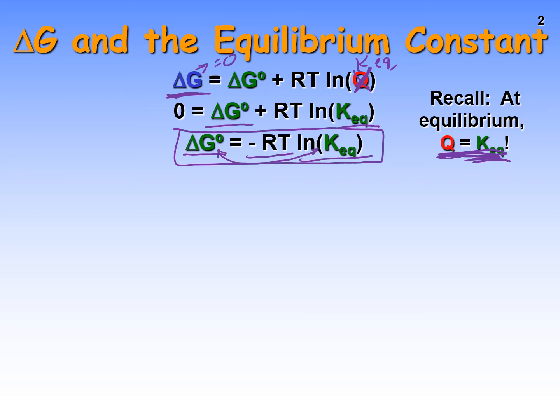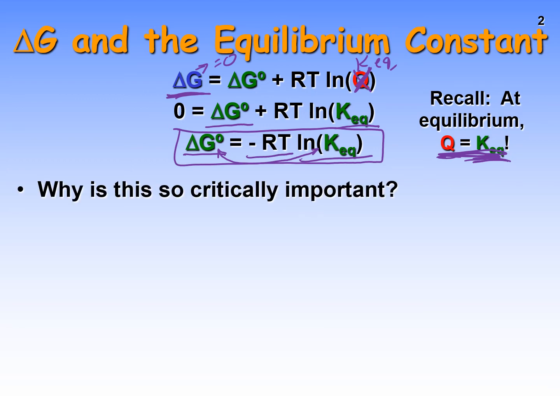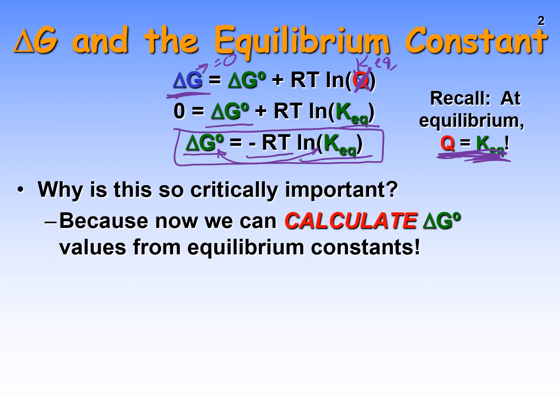This is pretty awesome because delta G we can now calculate from our equilibrium constants. Now, equilibrium constants are heavily tabulated. So are our delta G values, both K and delta G naught. They're both heavily tabulated, which means if we don't know one, we can get the other.